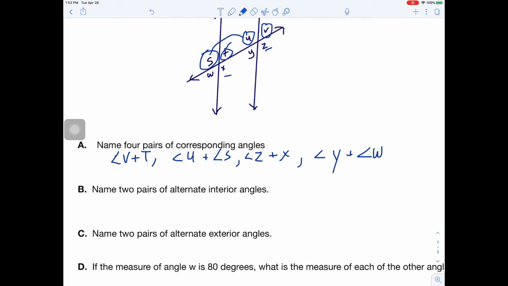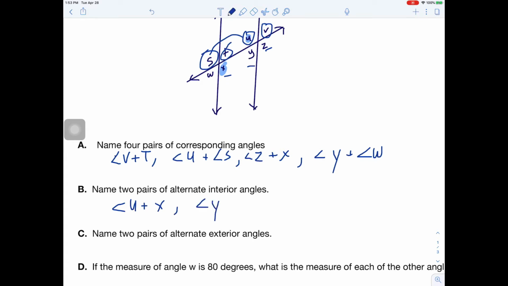Alternate interior angles, so I'll just circle those first. Sorry, the first question is interior angles. So we're going to look at U, which is the alternate. It'll be on the opposite side. So we have angle U and X, and then we should have another set as well.